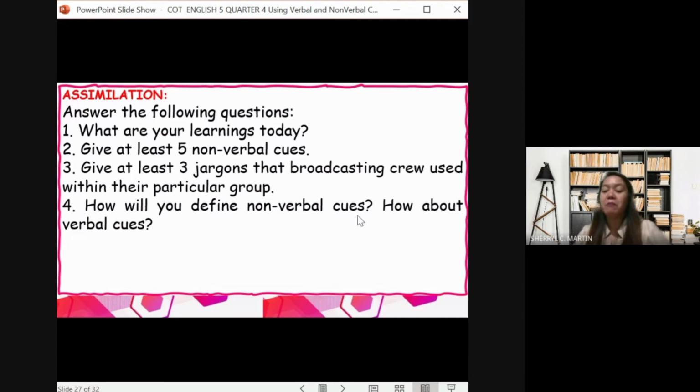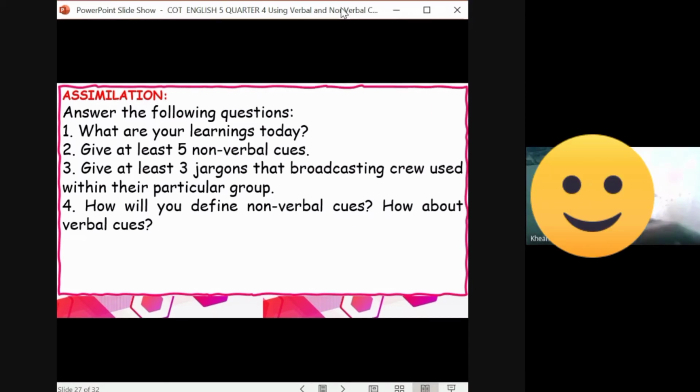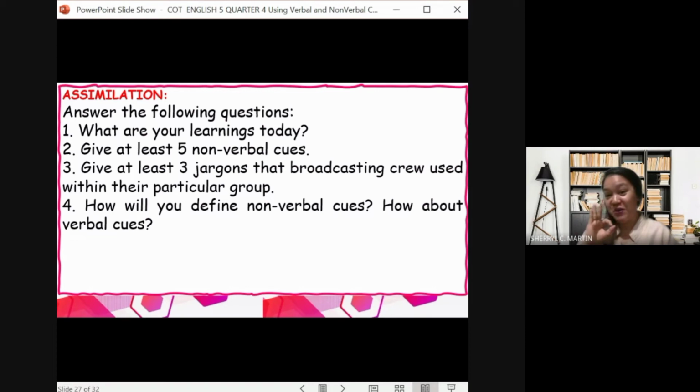What do you mean by verbal cues? Kian, what are non-verbal cues, anak? Hindi siya something to say, other way of communication po siya, like hand signs or movements. Okay, very good. Okay, how about verbal cues? Another hand. Aside from Jamie, Sean, Liana, Charles, Kian, Kiel, Asriel, go, Asriel. How will you define verbal?